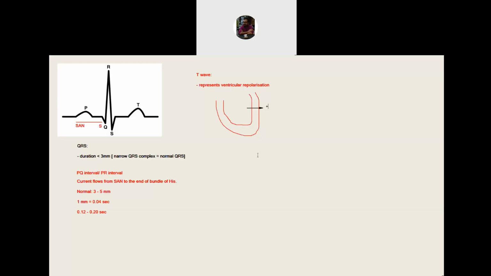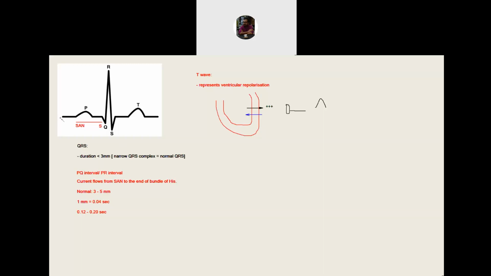So obviously, the recording electrode, which is facing this side, will record an upward deflection. That is why the QRS complex is upward. Now what happens for repolarization is that repolarization occurs from the epicardium towards the endocardium, in the opposite direction.